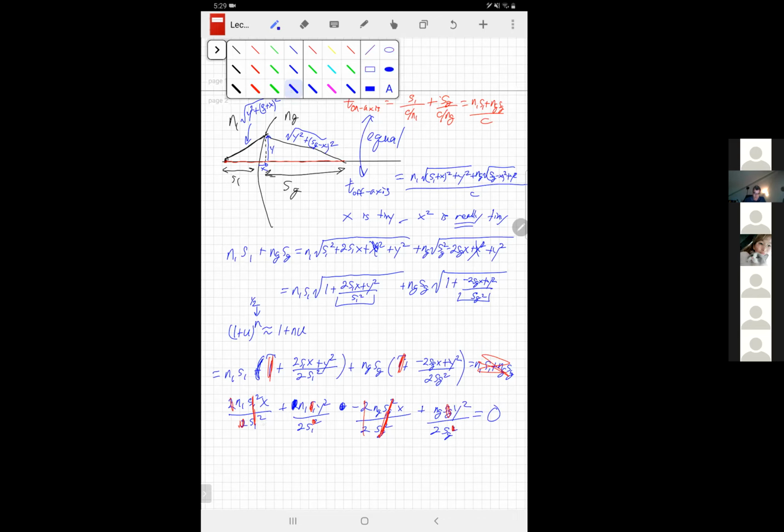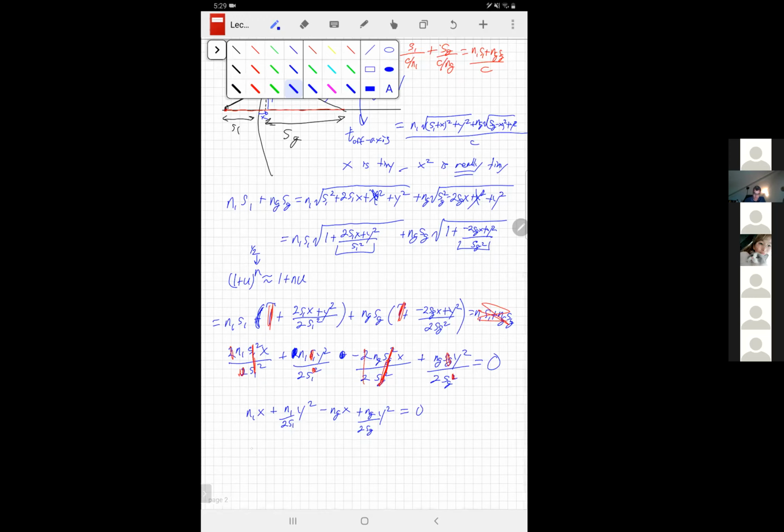And I will rewrite all of this as N1x plus N1 over 2S1 y squared, minus NGx plus NG over 2SG y squared equals 0, which doesn't yet look like much.